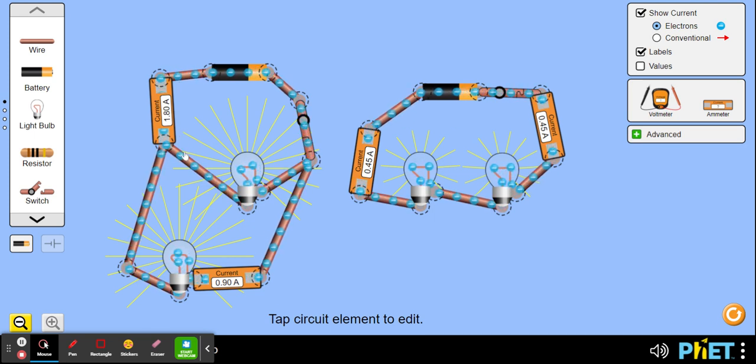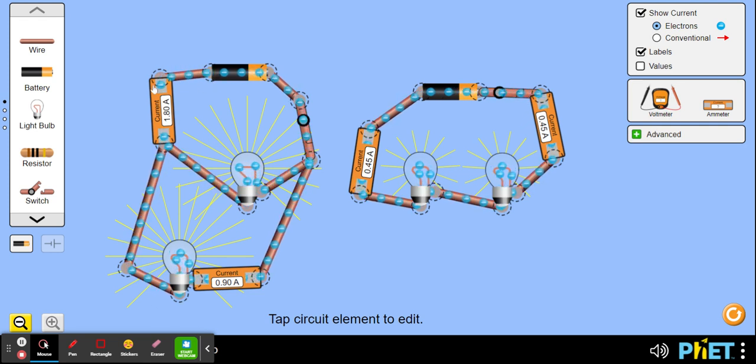So the next question to understand is, why is the 0.45 amps lower than both of these numbers? Well, it's lower than the 1.8 because, remember, the electrons only have to go through one light bulb each, and so these ones are going through two, and so it makes sense that it's going to be faster.